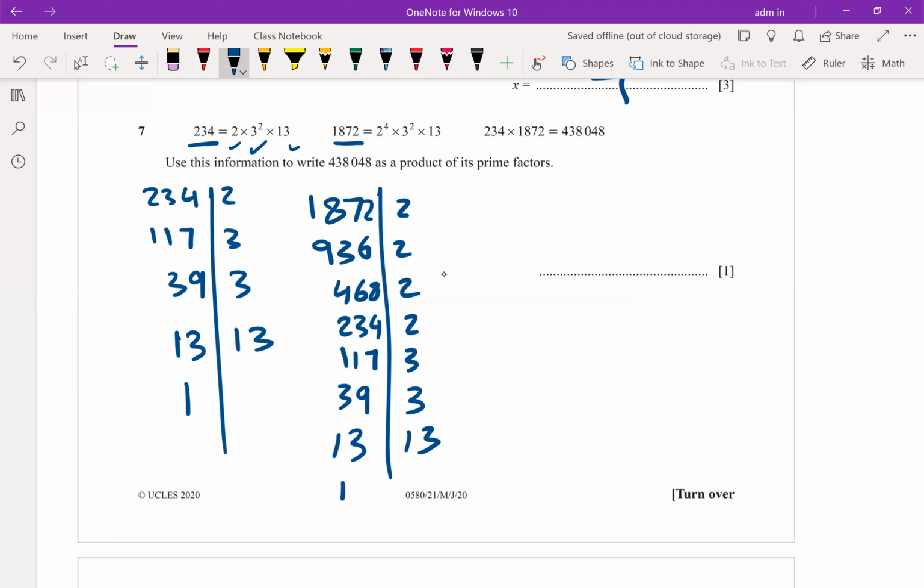See, how many 2's do we have? 4, 2 to the power of 4. How many 3's? 2, 3 to the power of 2, and the 13. Clear? But he didn't ask to write it in this form.